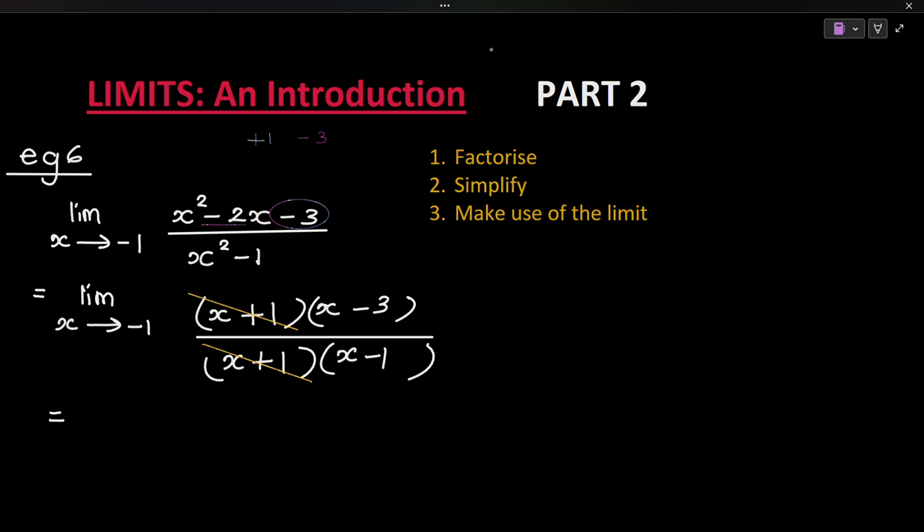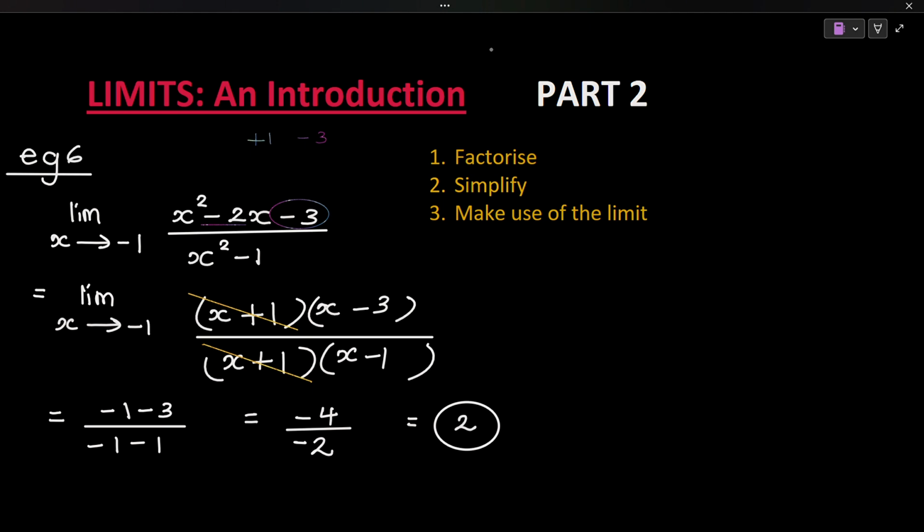We're going to take this negative 1 and substitute in place of x. So we have minus 1, minus 3, all over minus 1, minus 1. Simplifying the numerator, we get negative 4. Denominator, we get negative 2. So negative 4 divided by negative 2 is positive 2. That is our final answer.